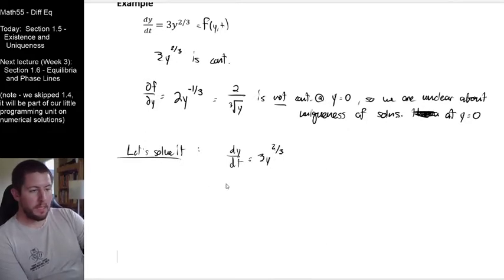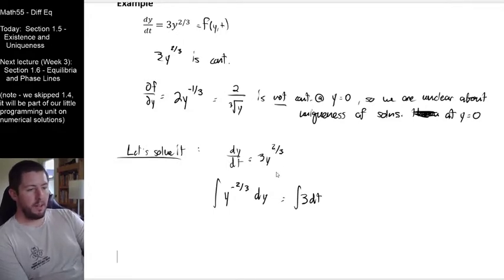It is separable because it's autonomous. So let's make this y to the negative 2/3 dy on the left, and a 3 dt on the right. All I did was move over the y to the 2/3, and hit it with an integral on both sides.